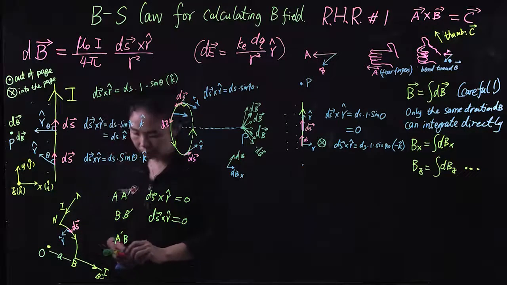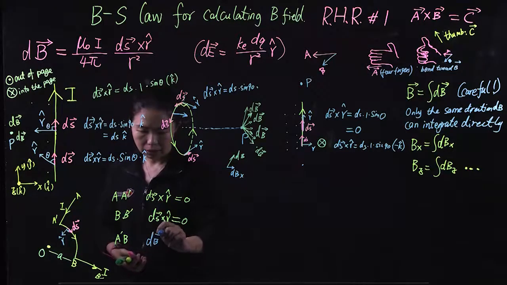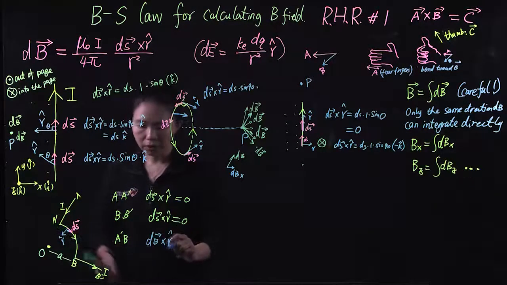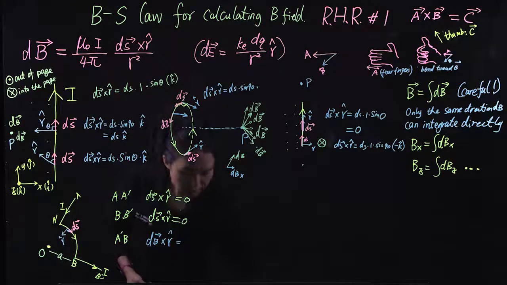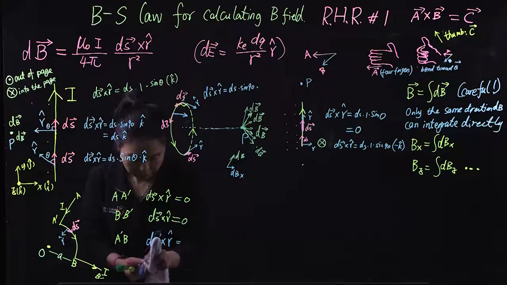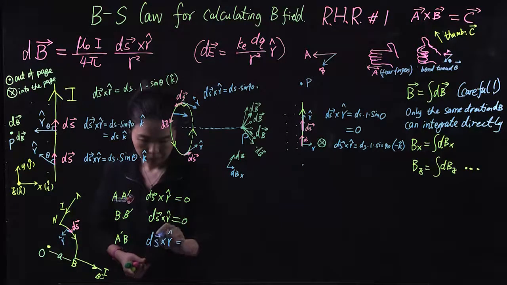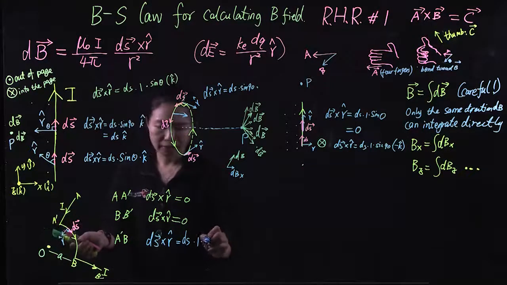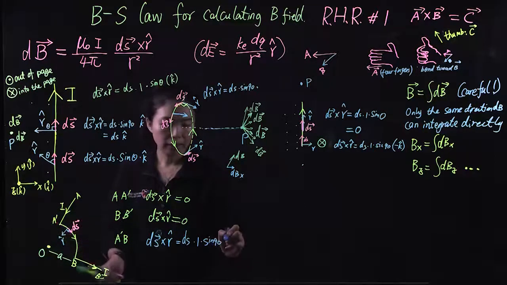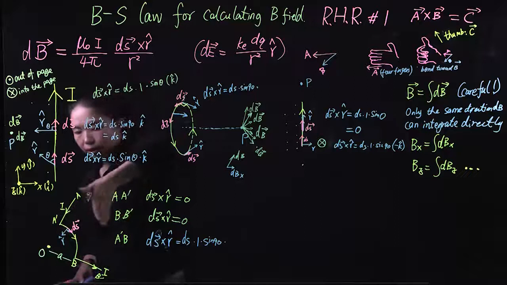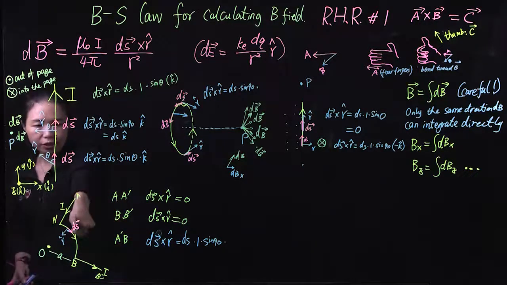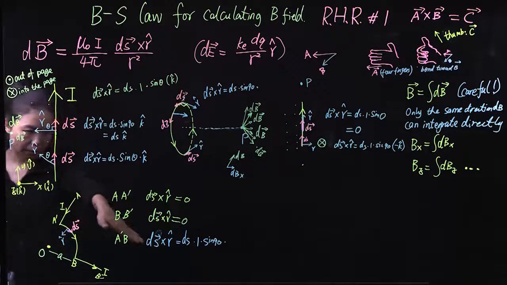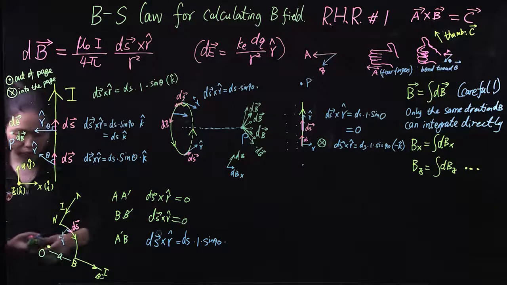Okay, so ds cross R for this part is going to be equal to the length of ds, a small segment, multiplied by 1, multiplied by sine 90, which is 1. And ds cross R gives you a vector which is into the page: four fingers along ds, bend toward R, you have something into the page.